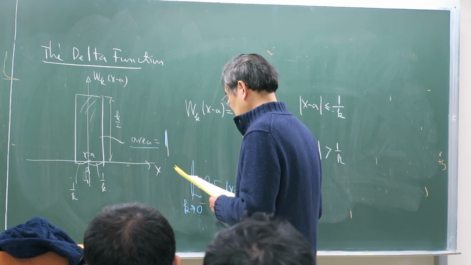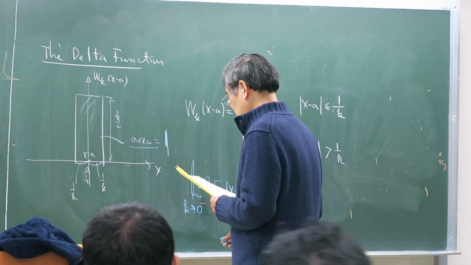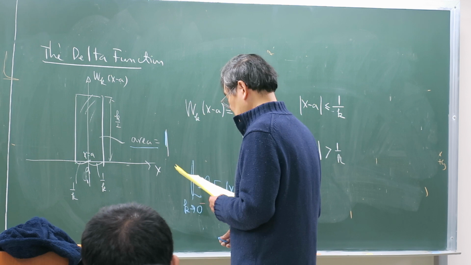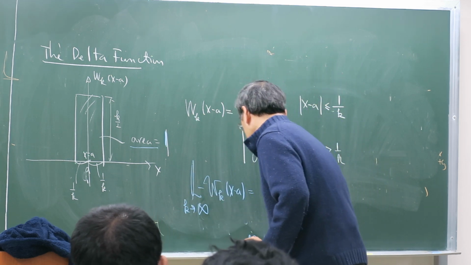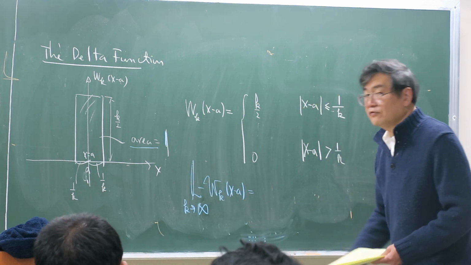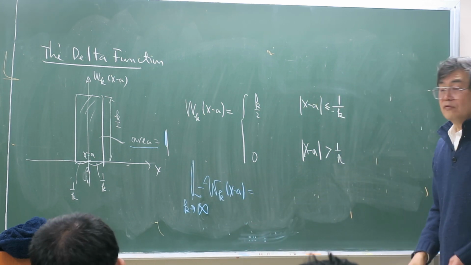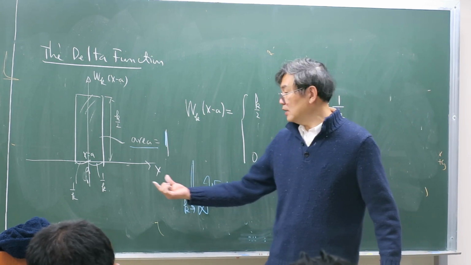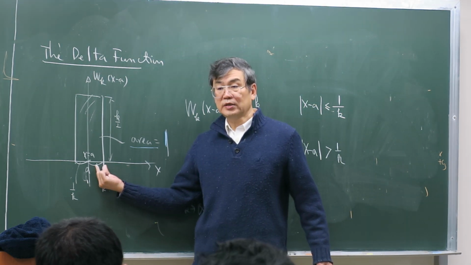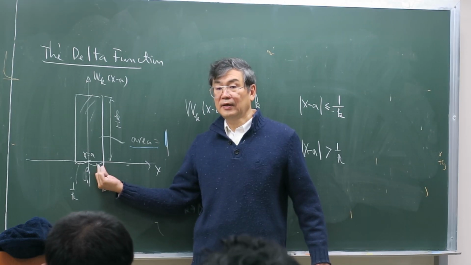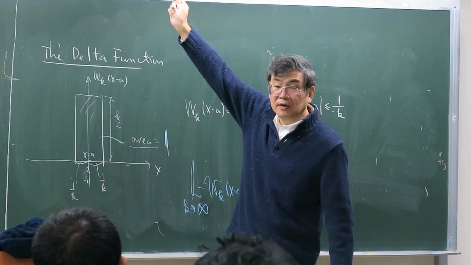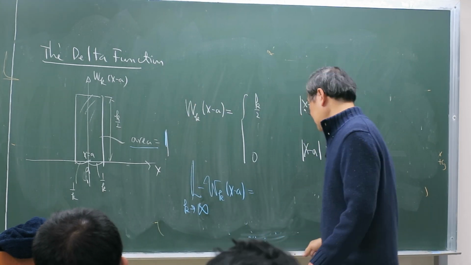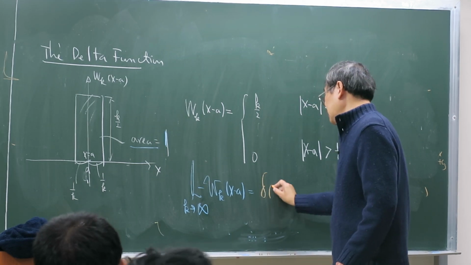Sorry. For k to infinity. Okay, sorry. For k to infinity, that means this is getting smaller and smaller, right? And the height will be getting to infinity. That's what we call the delta of x.